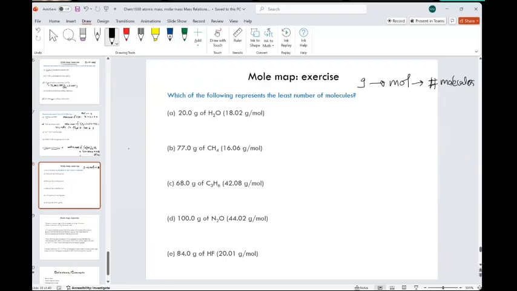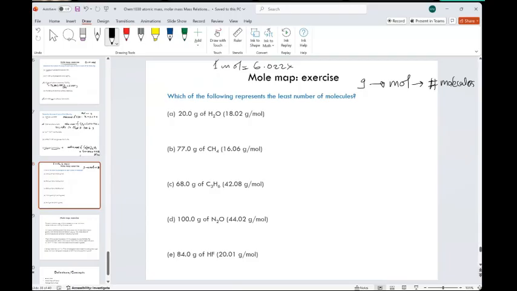We know 1 mole equal to 6.022 times 10 to the power 23 molecule. So this is our great Avogadro relation.